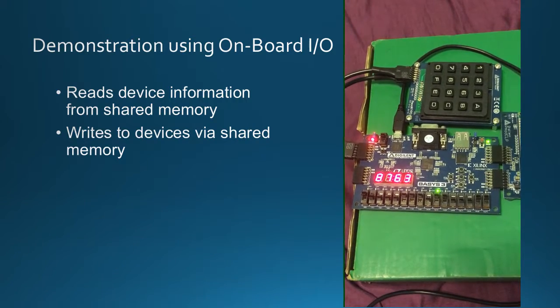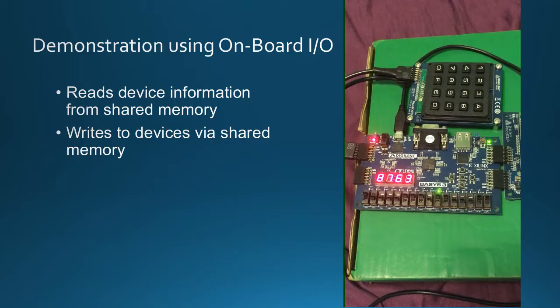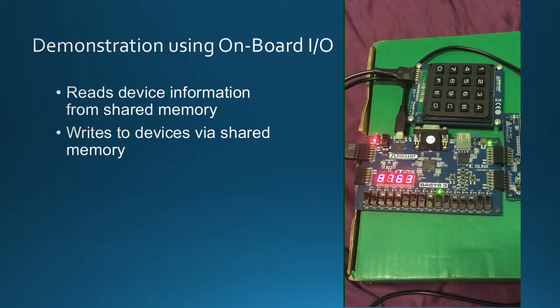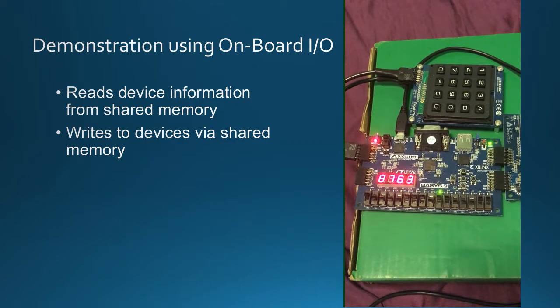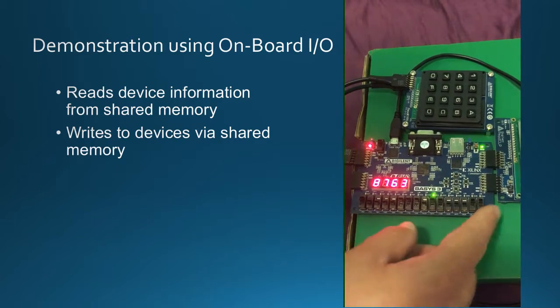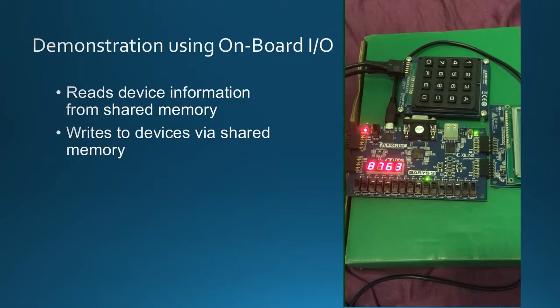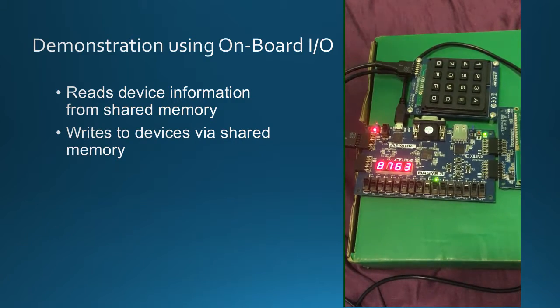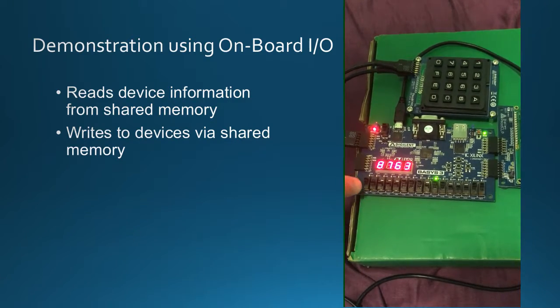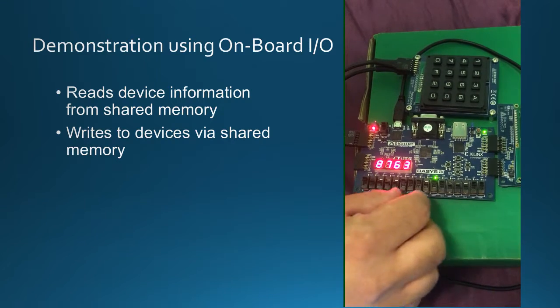So first of all, I'm going to show a short program that I wrote just to show the operation of the onboard I/O. Right now I have it tied so these switches show up as values on the 7-segment displays. You can see there's an 8 in hex.